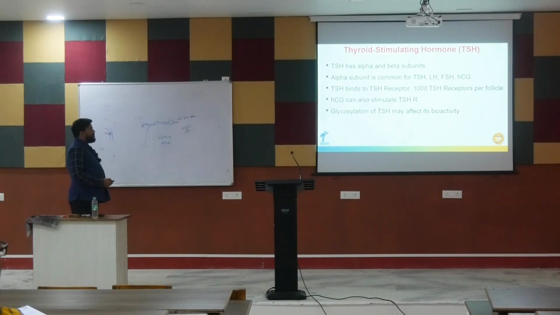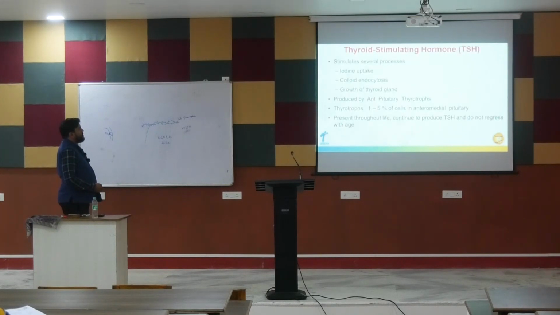So TSH binds to TSH receptor, 1000 TSH receptors per follicle. TSH stimulates several processes like iodine uptake, colloid endocytosis, growth of the thyroid gland, and is produced by thyrotrophs.